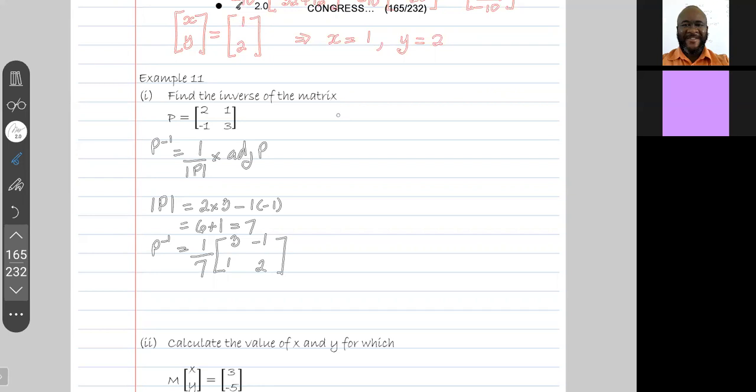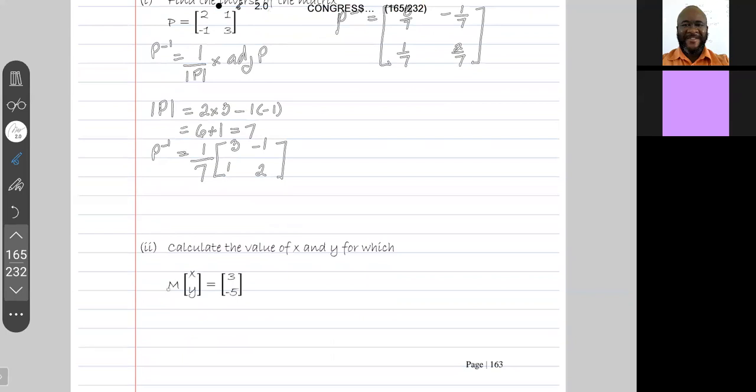All right, so let's carry it as far as it can go. So P inverse would be equal to 3 over 7, minus 1 over 7, 1 over 7, and 2 over 7. So this is utilizing the fact that multiplying by 1/7 is the same as saying divide by 7. So this is P inverse.